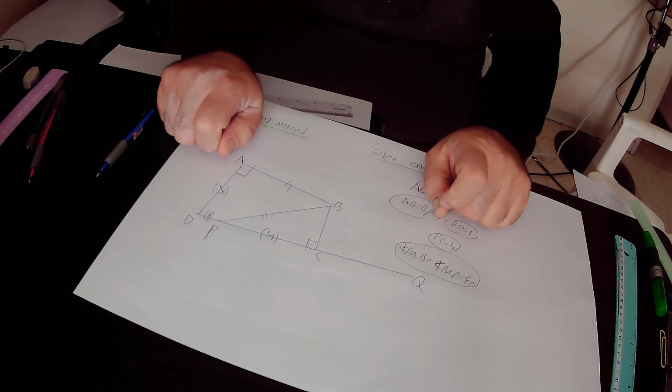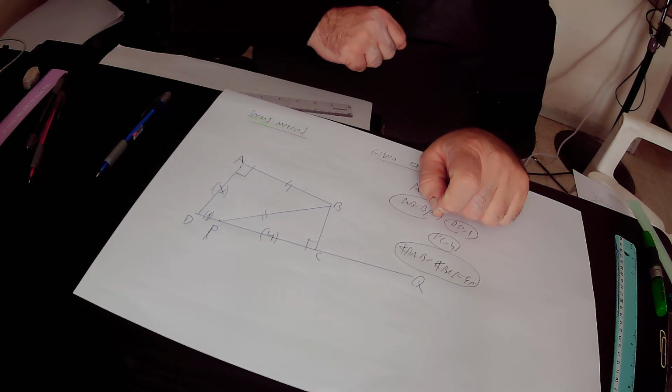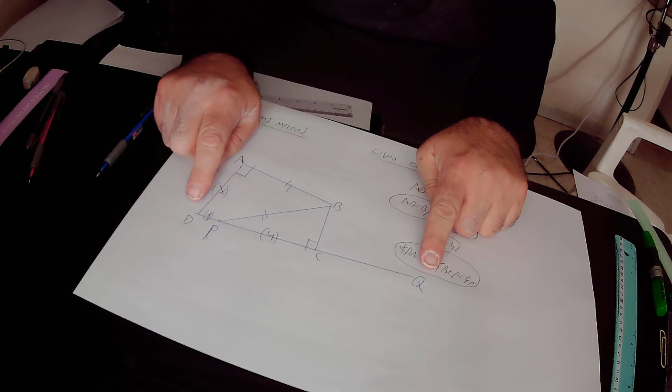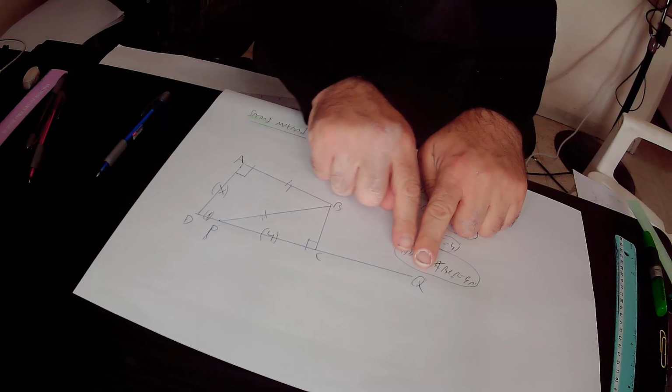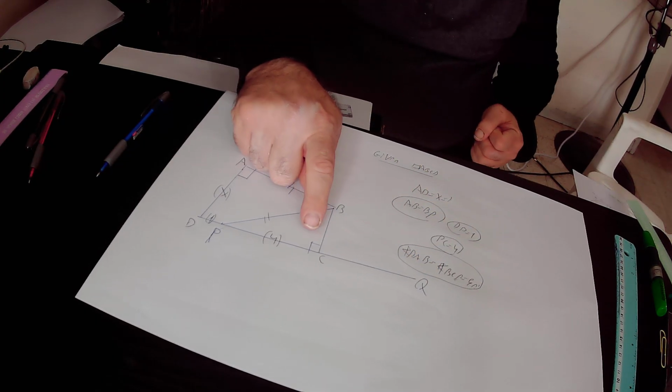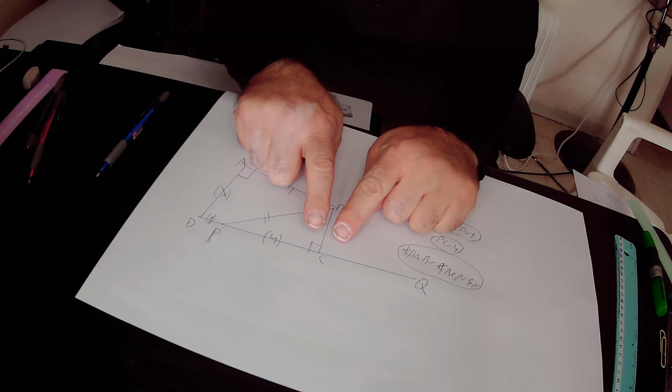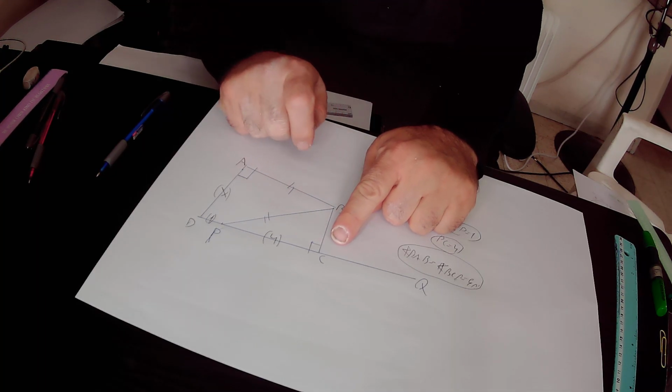Rule 3 says that the sum of the angles on one side of a straight line is equal to 180 degrees. So which angles do we have at the upper side of this straight line DQ at point C? We have this angle that is the right angle, plus this missing angle. In total the sum of those angles must be equal to 180 degrees according to rule 3. Therefore, this missing angle must be equal to 90 degrees in size.